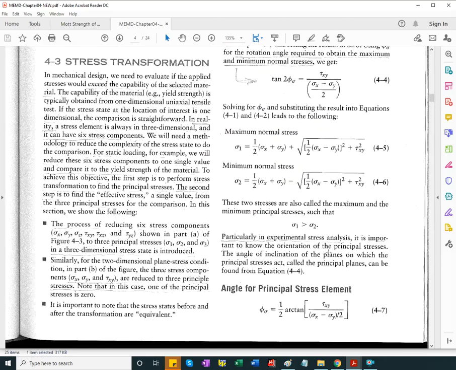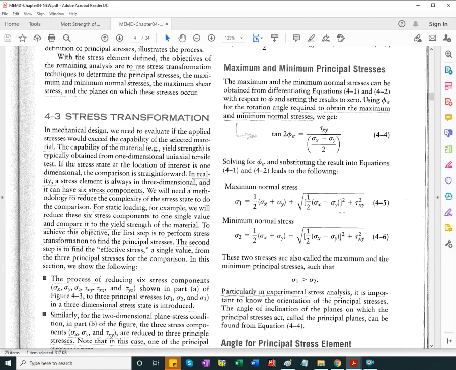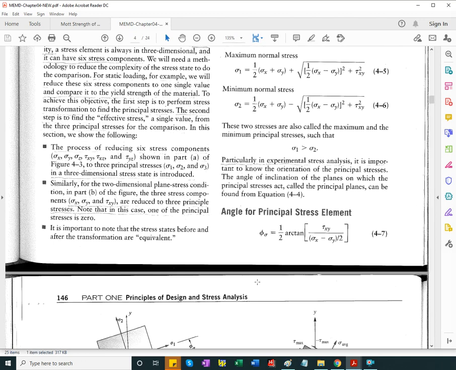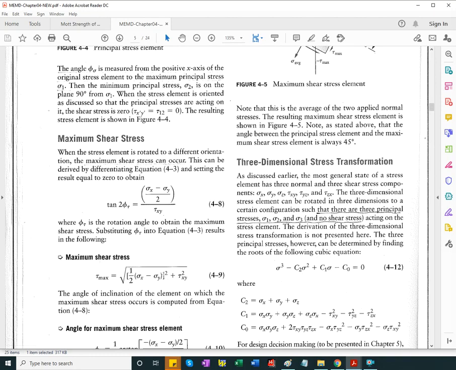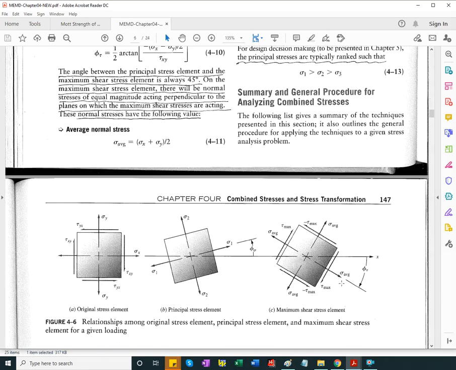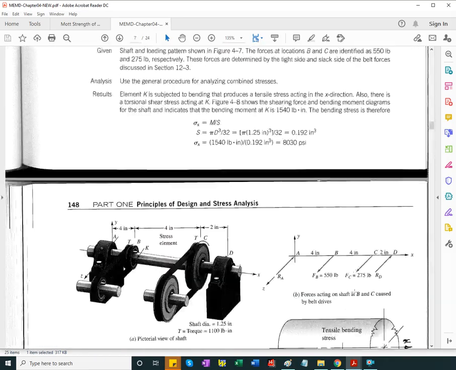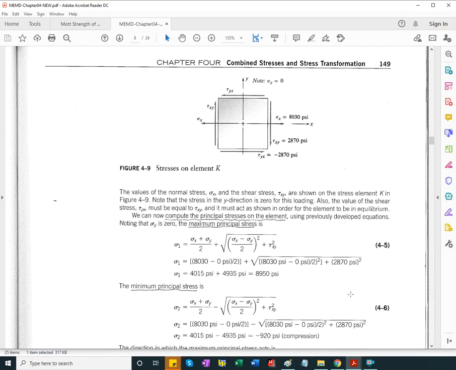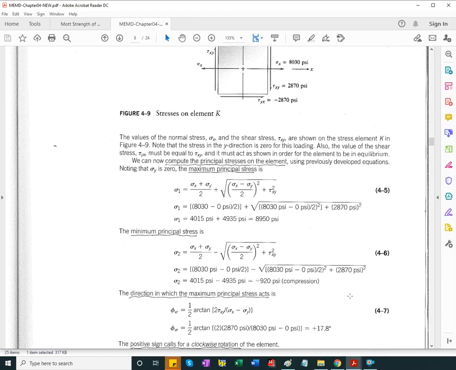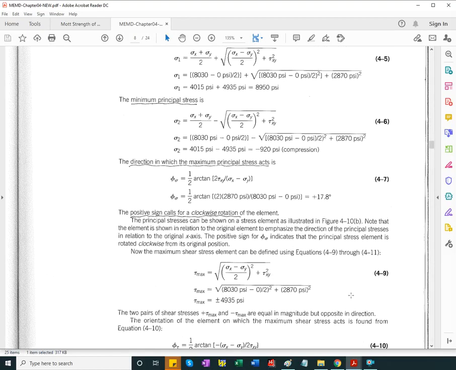Well, the first thought is, let's take the maximum sigma 1 and compare it with the yield strength, and decide whether the design factor is satisfactory or not. But again, it depends on the material of the shaft. Some may fail when the maximum shear stress reaches a limit. So we don't have an answer yet. Later in the chapter, we'll learn how to further utilize these calculated principal stresses.